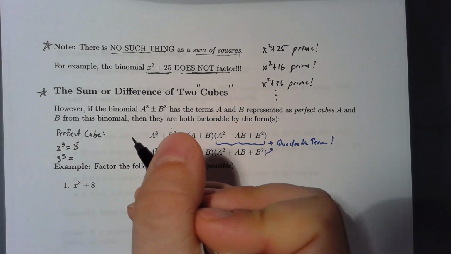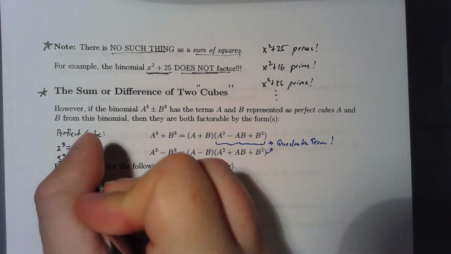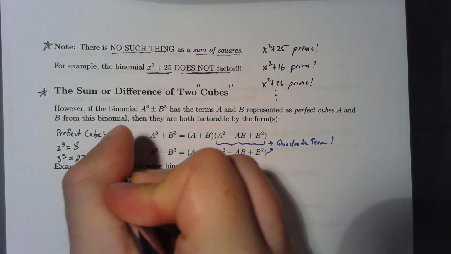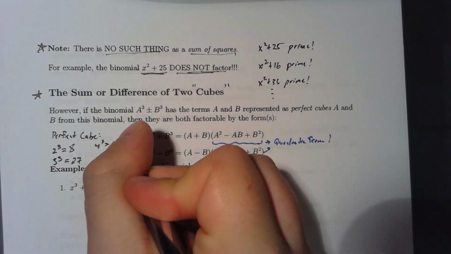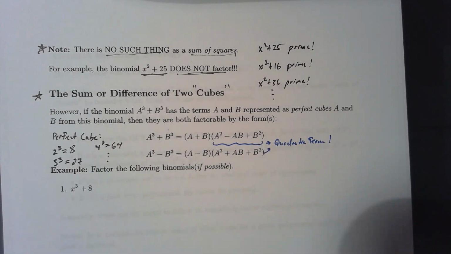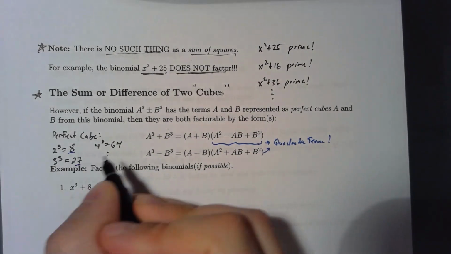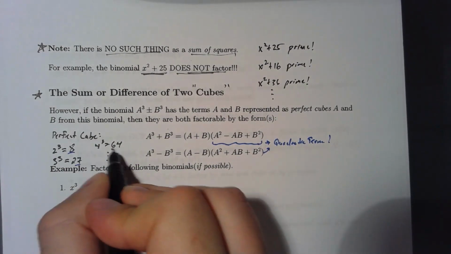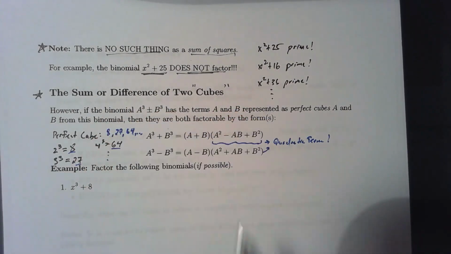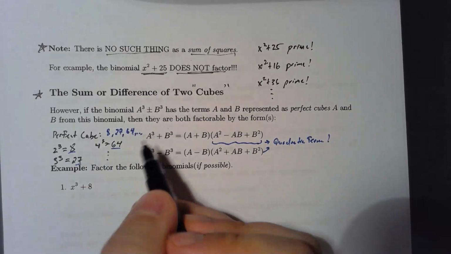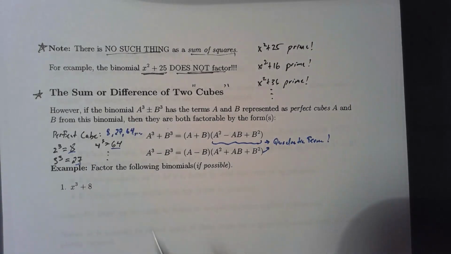What's 3 to the third? That's 3 times 3 times 3, which is 27. 4 to the third, that's 4 times 4 times 4, which is 64, and so on. Those numbers, 8, 27, 64, and so on, are perfect cubes.